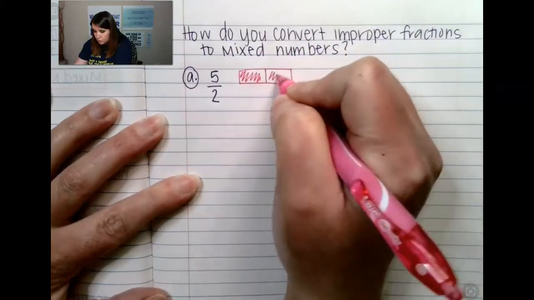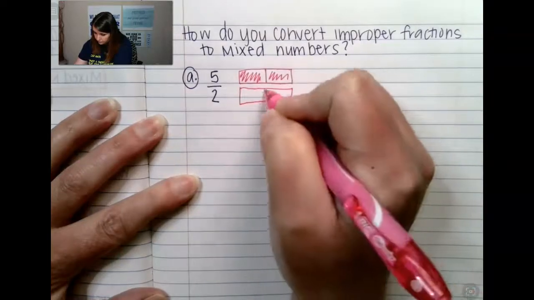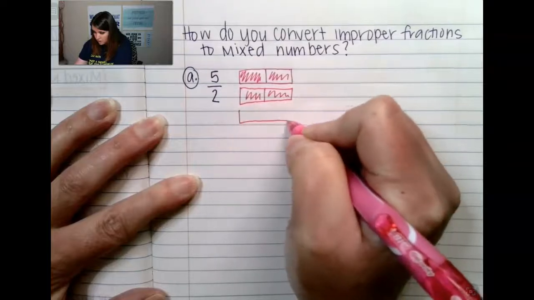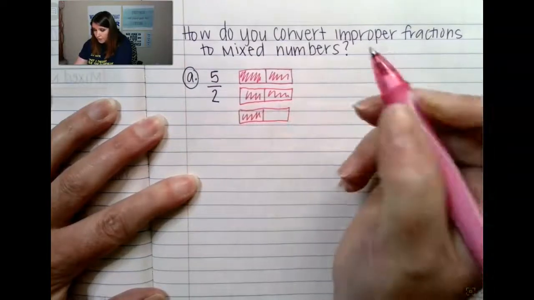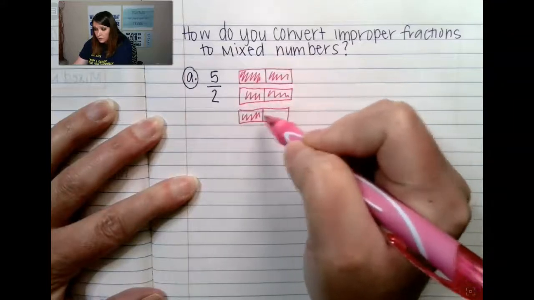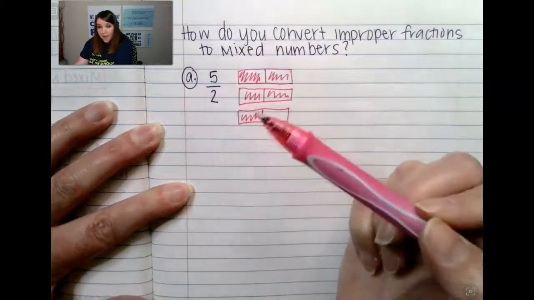So 1, 2, 3, 4, and 5. So this means that I have 5 over 2. So halves, right? So I have 5 halves.